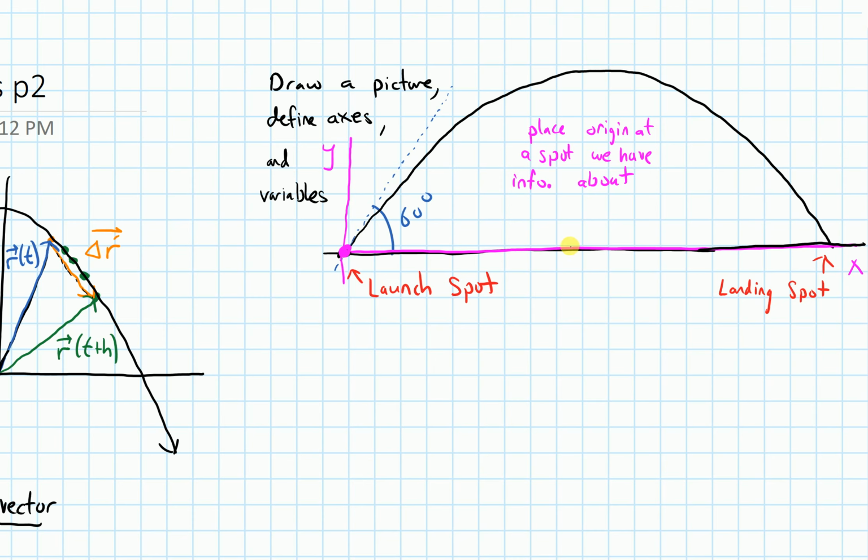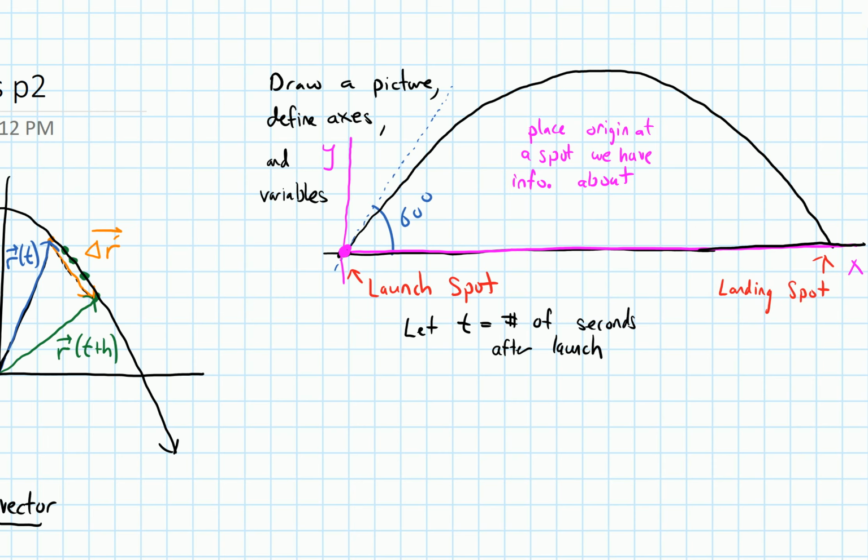Another variable that would be good to have in this problem is t. So let's let t be the number of seconds, that's the unit of time in this problem, seconds after launch.